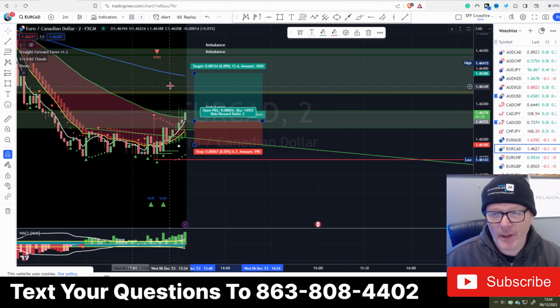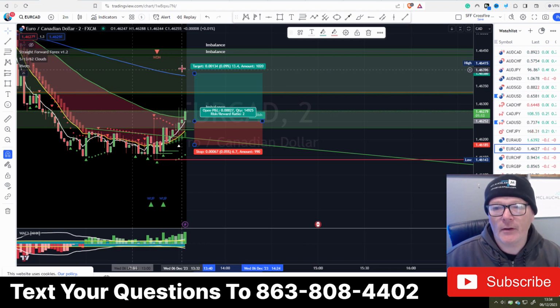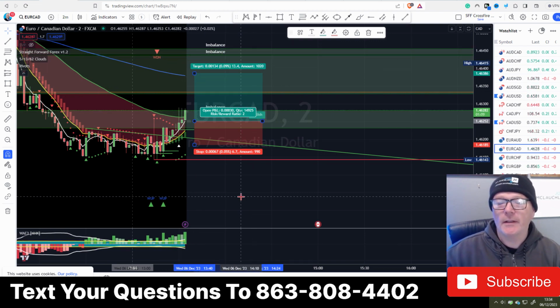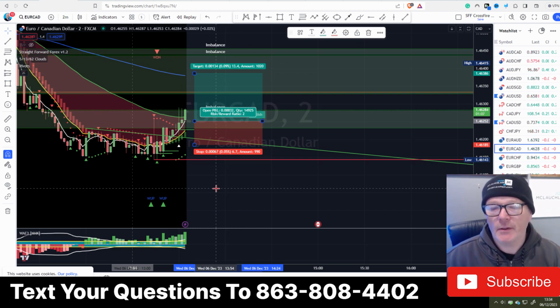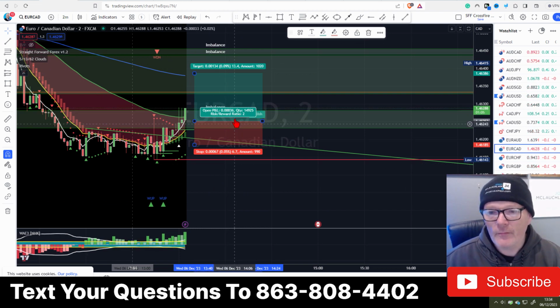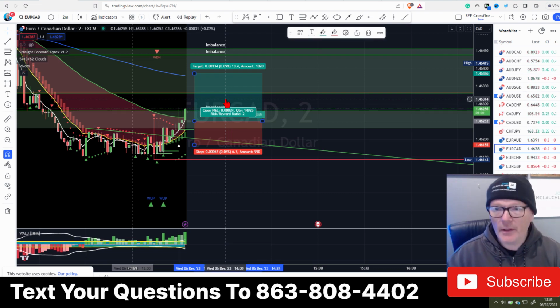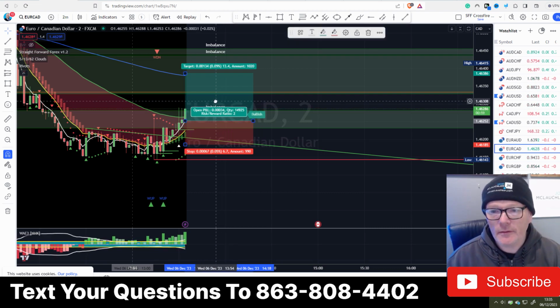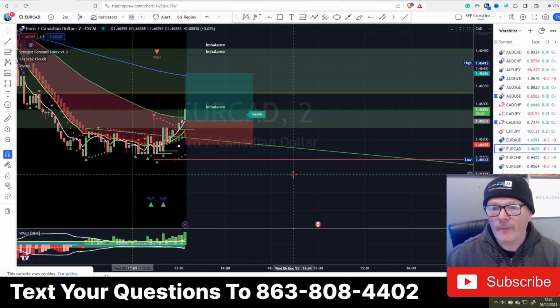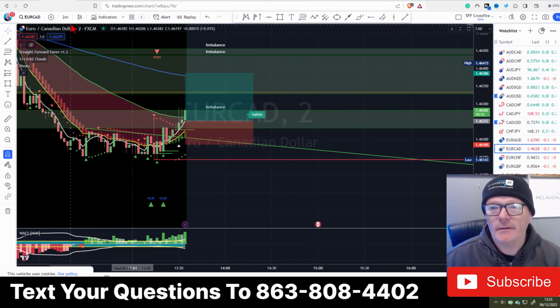If it breaks through here, then the chances are it'll go past the 200 and maybe even take out the imbalance completely. So let's have a look at that. Let's see what we're going to do. Let's just move that little guy over to there. There we go. That's better. Let's see how we go.